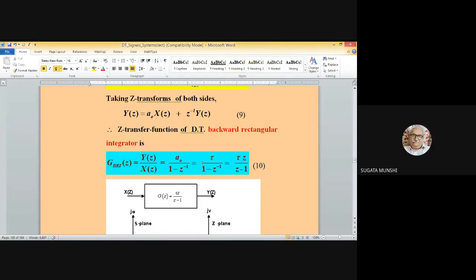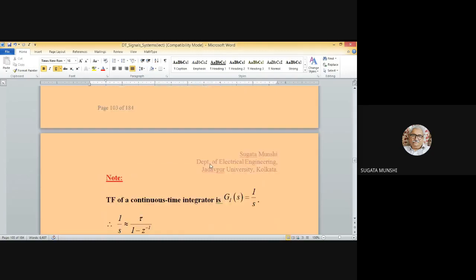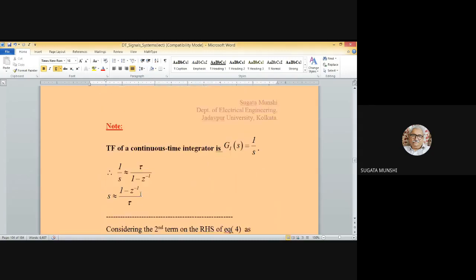So comparing the continuous time transfer function for the integrator with the transfer function in the z domain for this backward rectangular integrator, we get 1 by s is approximately equal to tau divided by 1 minus z to the power minus 1. That means s is approximately equal to 1 minus z to the power minus 1 by tau. Same relation as we have obtained in case of the differentiator.